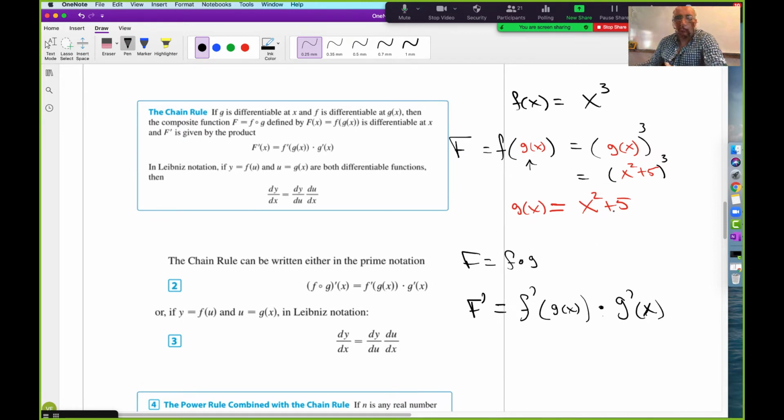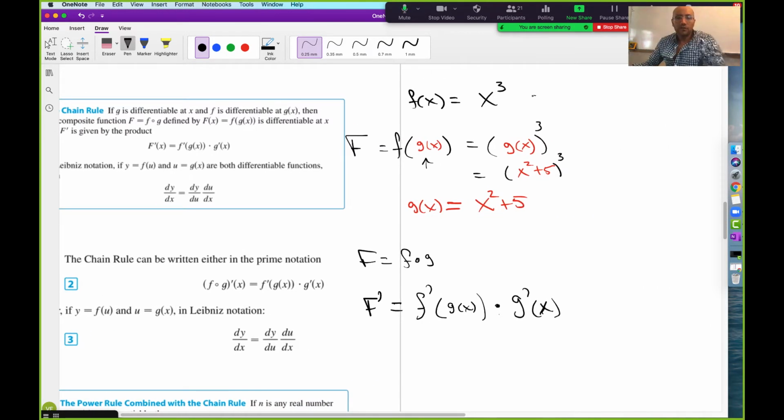Any questions? Continuing on with my little example then. The derivative of the lowercase f function is equal to 3x squared, right? And the derivative of the g of x function is equal to 2x, that is 2 times x to the power of 1, plus 0.